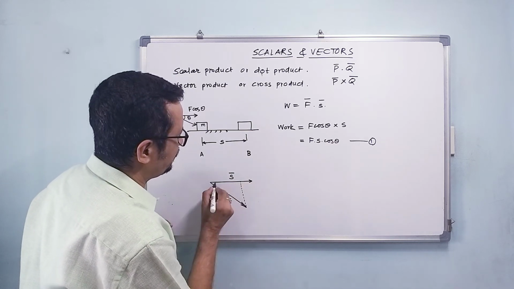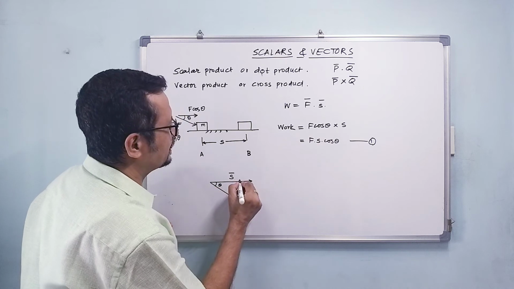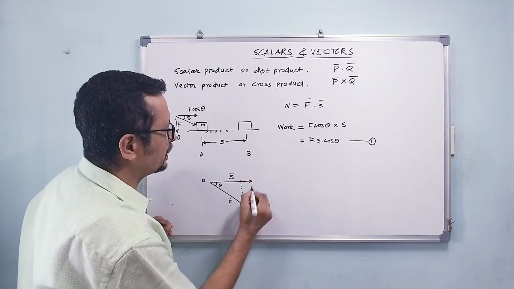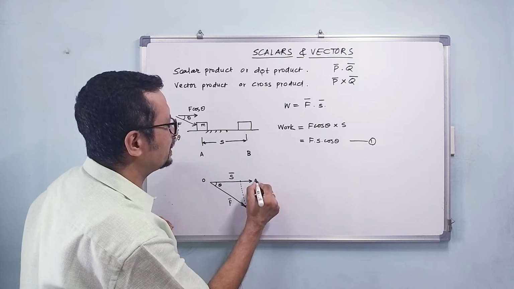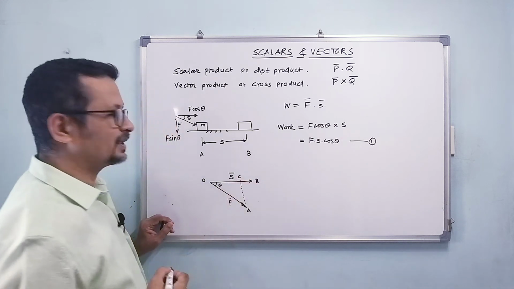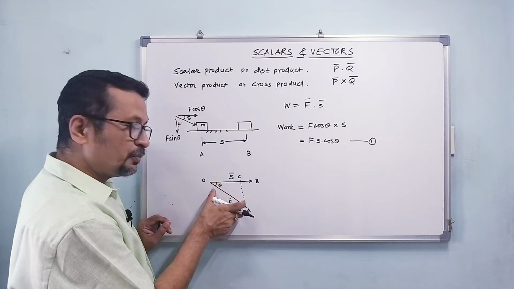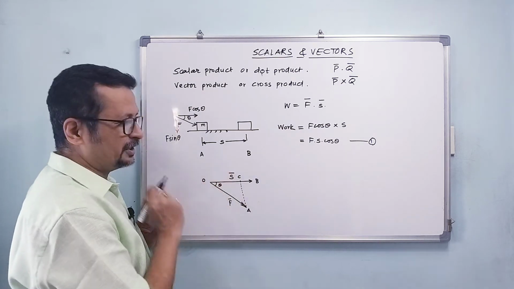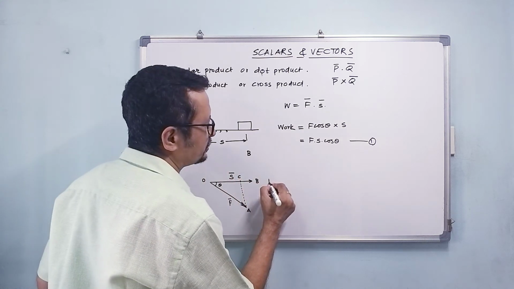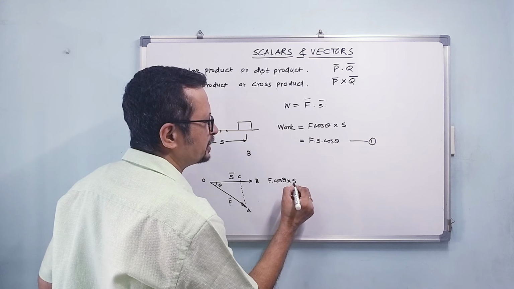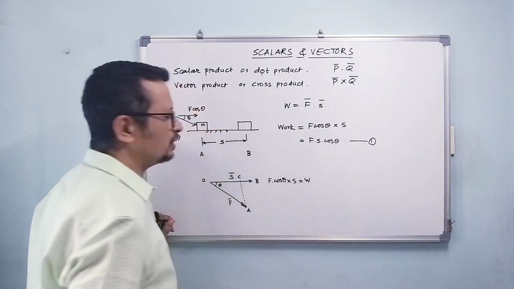If this angle is theta, then let me call these points O, A, B, and point C here, correct? Then I'll take the component of force along the displacement, so it would be F cos theta, and that multiplied by displacement is my work done.